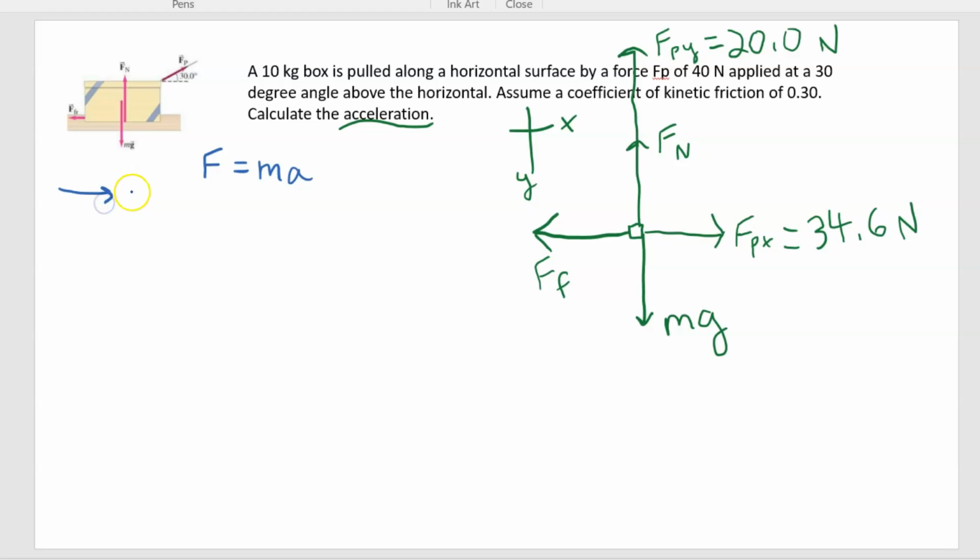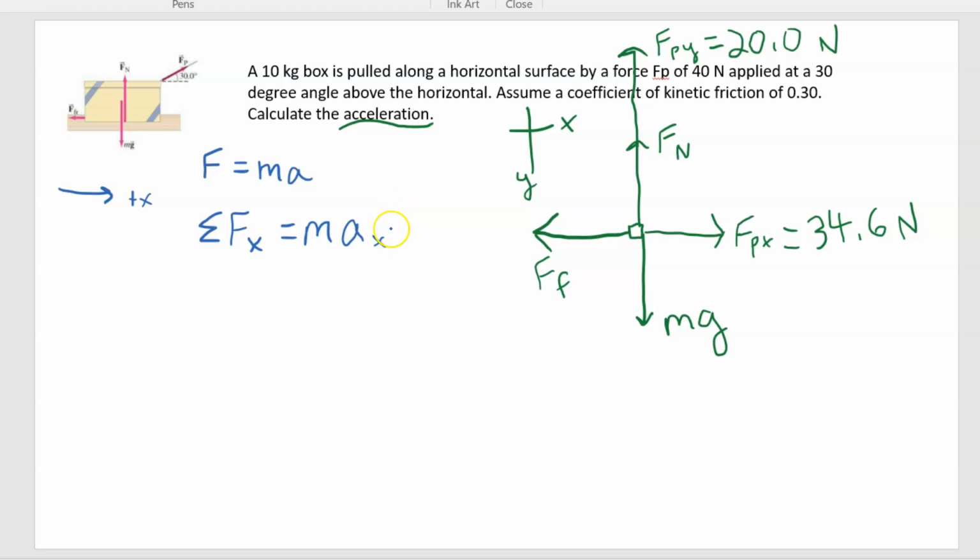So the acceleration is going to be in the positive x direction. That means we want to use this form of the equation. The sum of the forces in the x direction equals mass times the acceleration in the x direction. Mass, of course, is a scalar, so it does not have a direction associated with it.